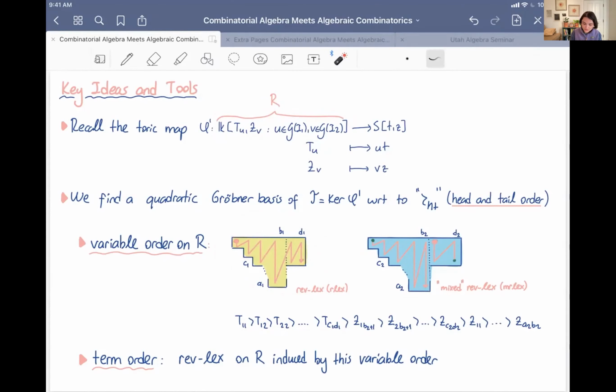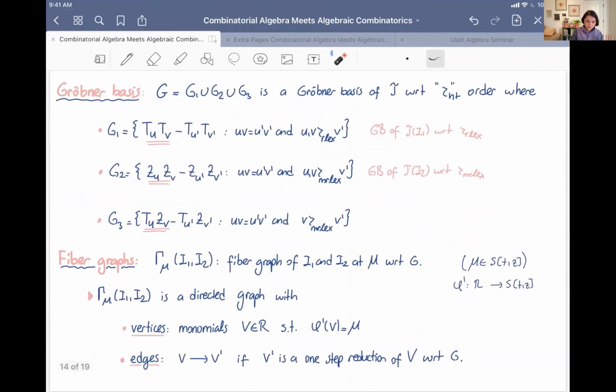But when we pass to the Z variables, when we started from here, it did not work. So we had to start from the tail, and then we start at Z_{b2,1+1}, and then go this way, then jump to the head. So this is our variable order, and then the term order is the reverse lex order on this ring induced by this variable order. And our Gröbner basis, we can express it as a union of these three collections of binomials.